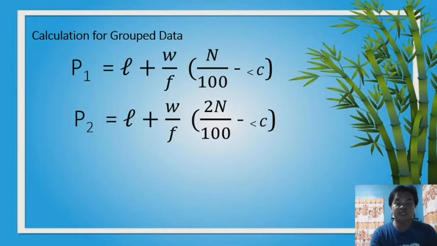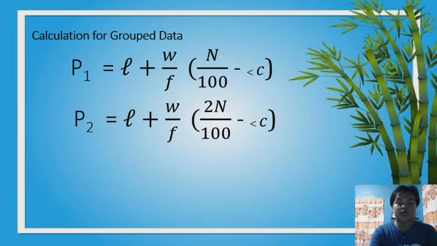So, kung mapapansin nyo, parang same lang din siya doon sa ungrouped data, which is gumagamit naman dito tayo sa formula ng small number after the P symbol. Okay, so ito naman ang nagre-represent kung ano naman ang hinahanap.